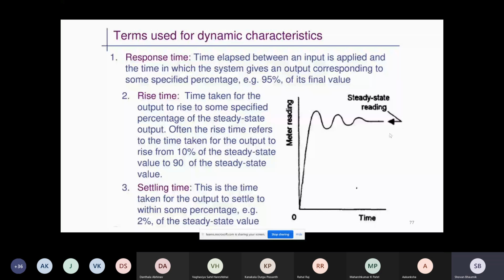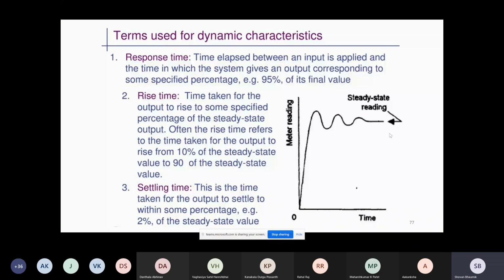There are other parameters which are called the maximum overshoot and the peak time. Maybe in the next class we'll discuss all those things. We also want to discuss what the output will be when we give a ramp input or a sinusoidal input.